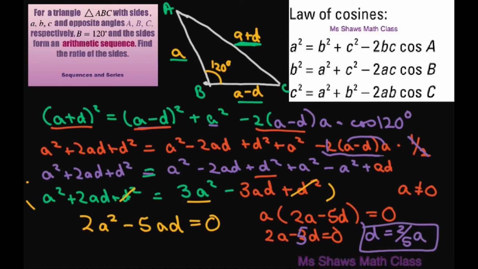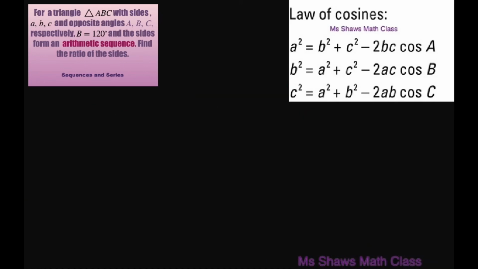So now all we have to do is figure out the ratio. So let's do that. Our d equals 2/5 a, the common difference. Now, we had a minus d. That's going to be a minus 2/5 a.